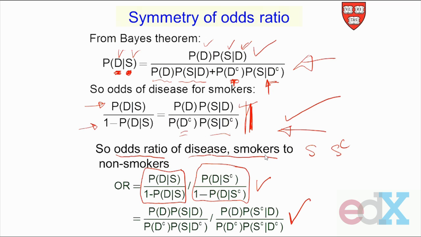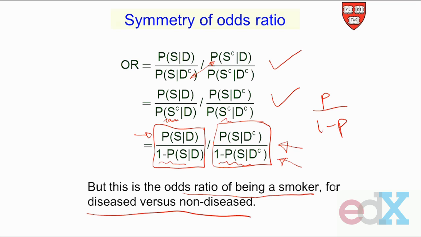So if you're interested in the odds of the disease for smokers to non-smokers, then that's exactly the same as the odds of smoking amongst diseased people over the odds of smoking amongst non-diseased people.